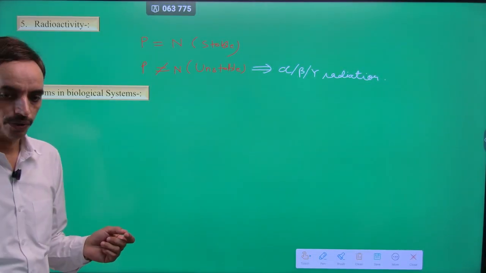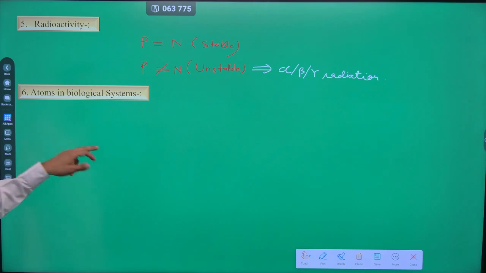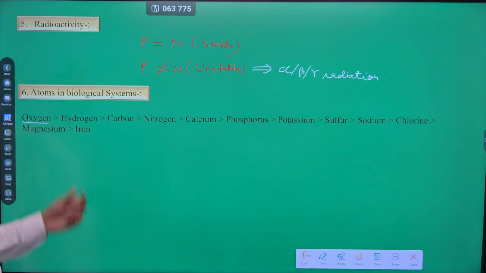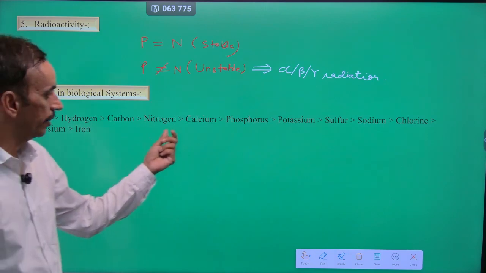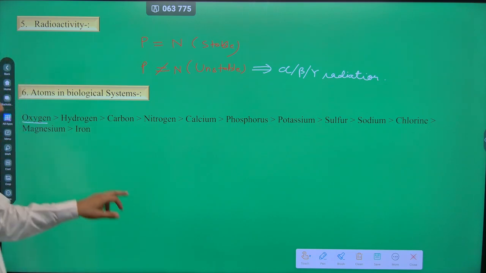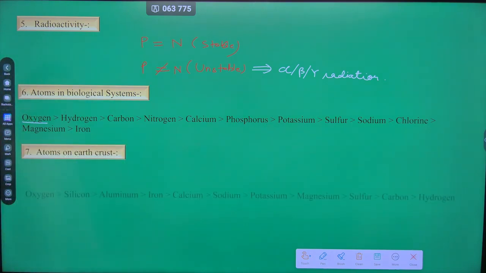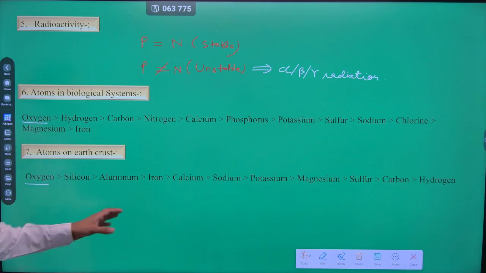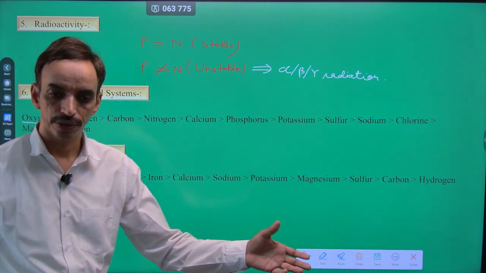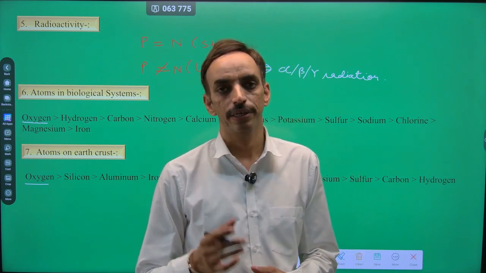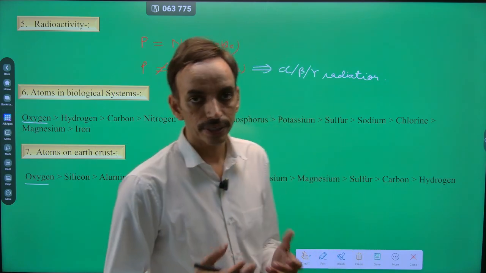Atoms in the biological system: बात करें तो मैक्सिमम अमाउंट रहता है ऑक्सीजन का, that is followed by hydrogen, carbon, nitrogen, calcium, phosphorus and so on. अगर बात करें अर्थ क्रस्ट की तो वहां पे कंपोजिशन रहता है मैक्सिमम अमाउंट ऑक्सीजन फॉलोड बाय सिलिकॉन, एल्यूमिनियम, आयरन, कैल्शियम एंड सो ऑन. So the composition of the biological system is not similar to the composition of the earth's crust. Why?